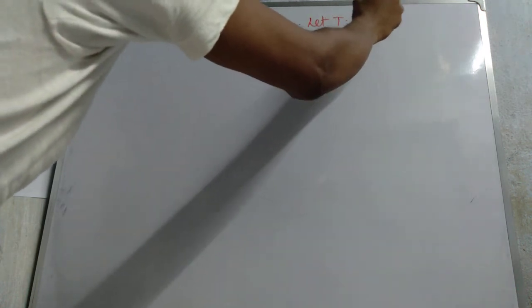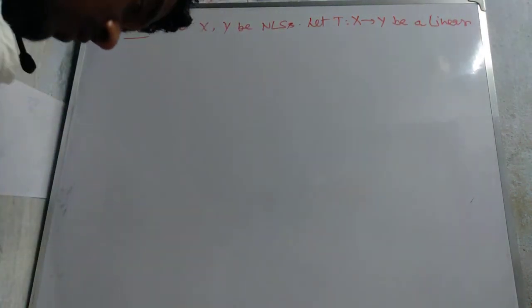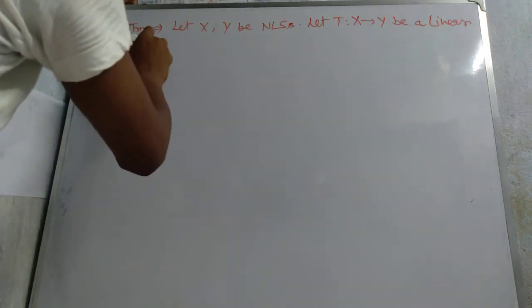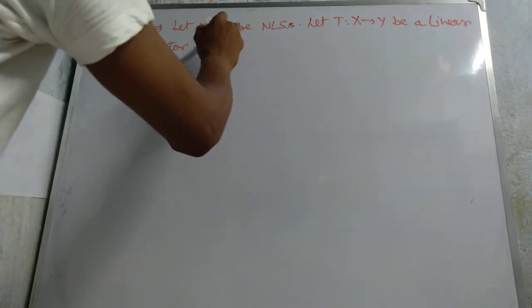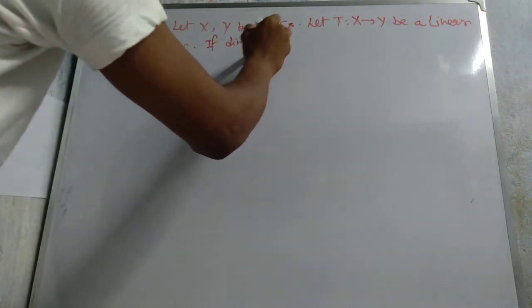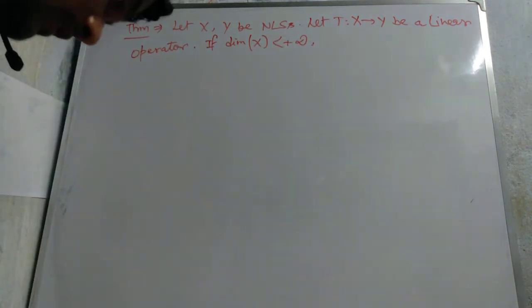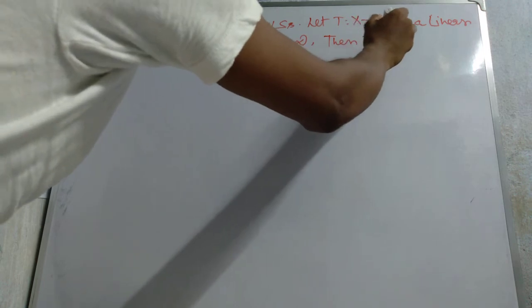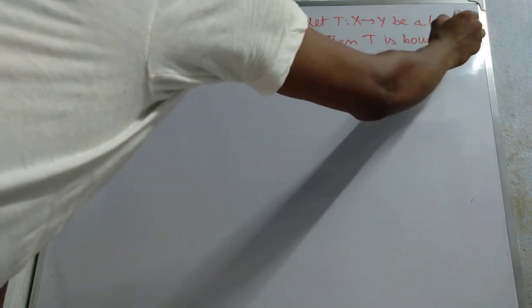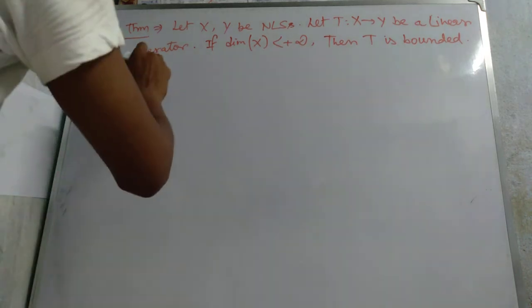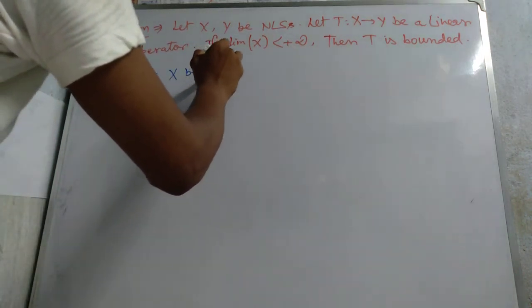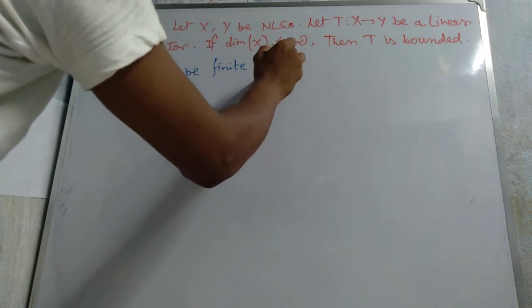If the dimension of X is less than plus infinity, then T is bounded. Proof. Let X be finite dimensional.